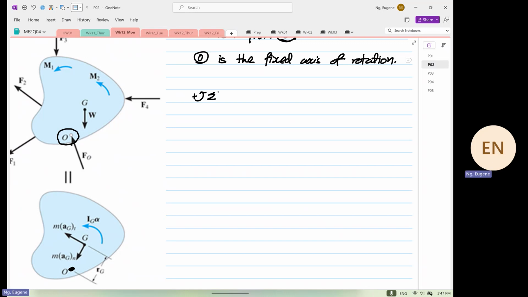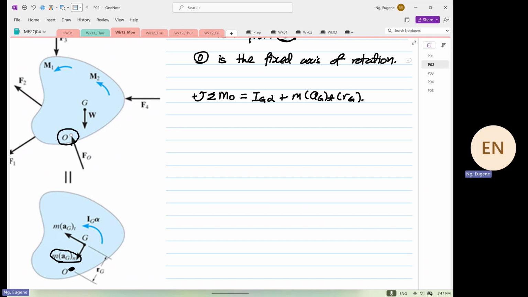The sum of moments about point O is equal to I_G alpha plus m a_Gt, tangential, multiplied by the distance r_G. Now a_Gn will not induce any moment at all.